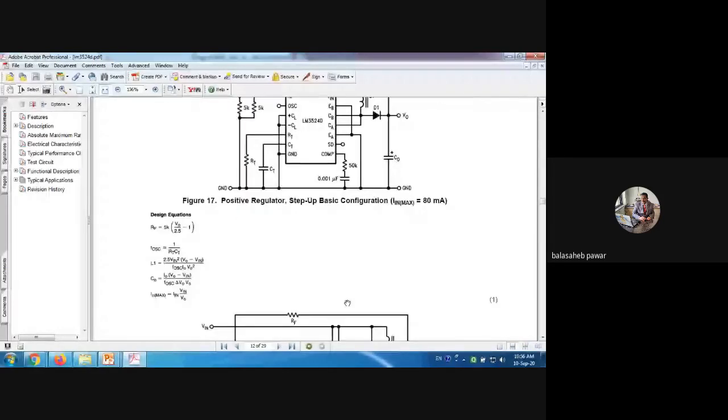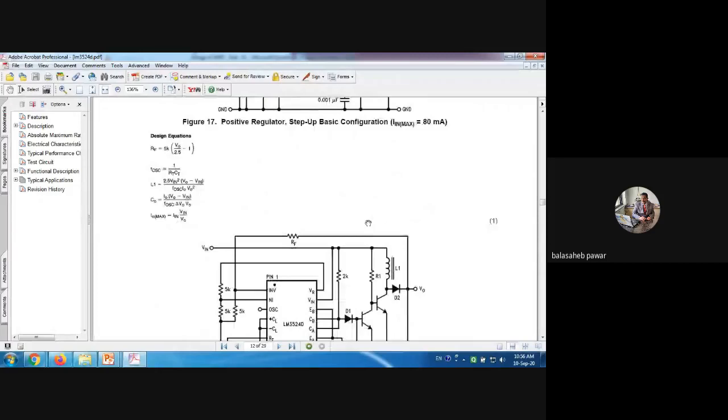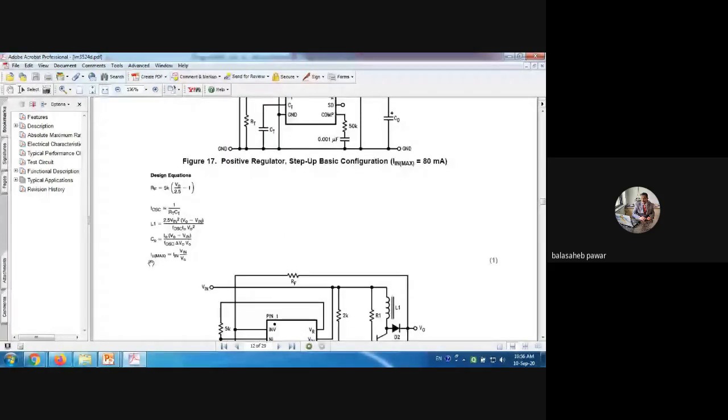I in max is only 80 milliampere. The obtained output will be somewhat more than the applied input. And the design equations are given by the manufacturer, so no need to worry about it. Okay, so I O max we can calculate by taking I in times V in divided by V O, right? This much will be the maximum current capacity of this regulator. Okay.